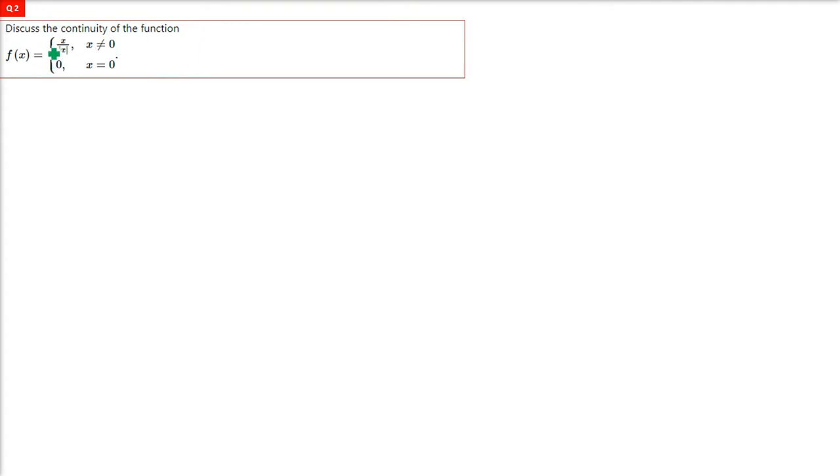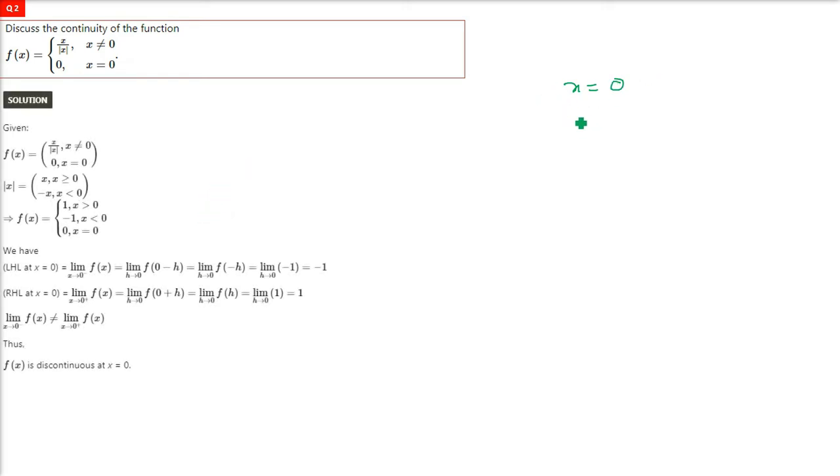Discuss the continuity of the function. Now you see here f(x), x and mod x. You have to view them separately and then see, because we have these properties and attributes we just saw. So x equals 0 is the point of contention.